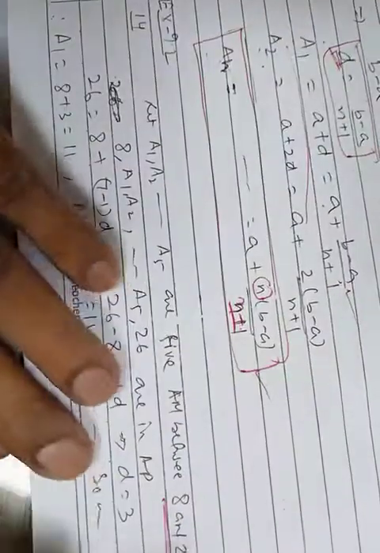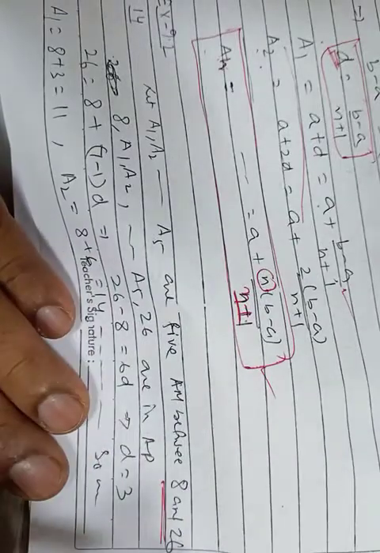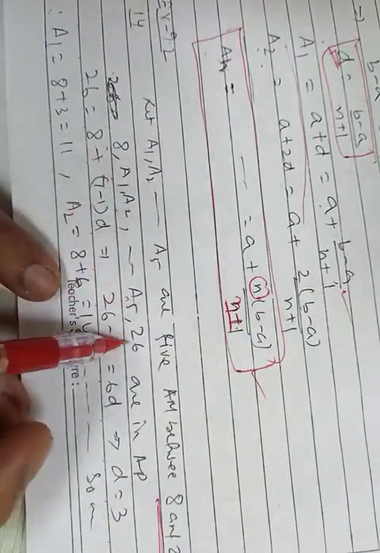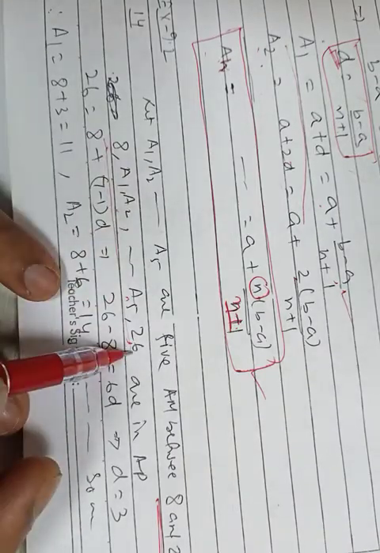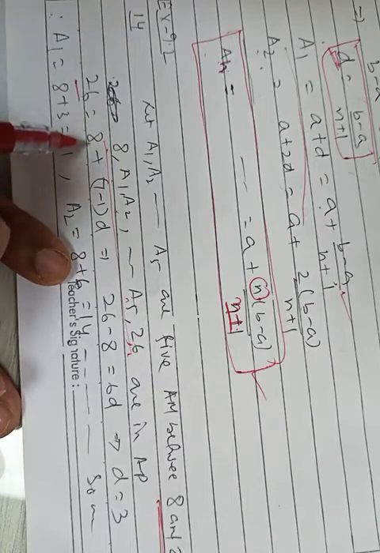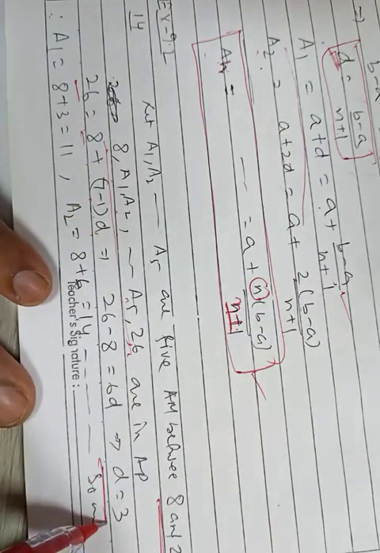See, I have done 8 and 26, we have to insert 5 arithmetic means, let a1, a2 up to a5, between 8 and 26. Then the number of terms becomes 7. Then using the formula last term is equal to first term plus 7 minus 1 into d, we get d is equal to 3.